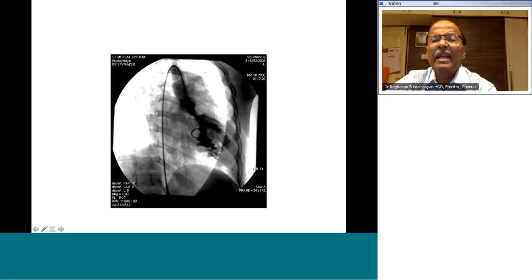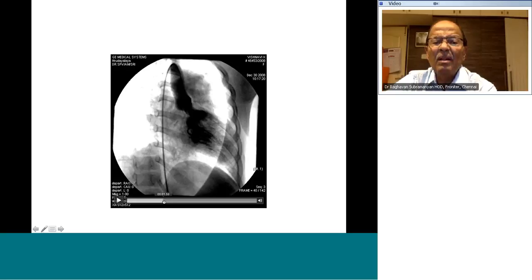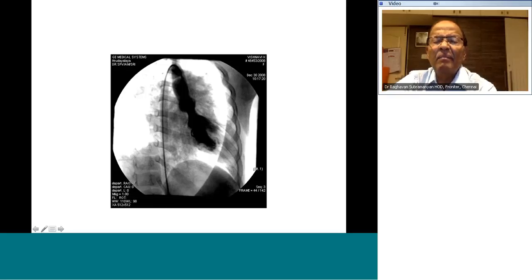Okay, this is the diastolic frame. Right? Everybody have a good look at the diastolic frame. Right? And now I'm going to show you the systolic frame. Okay, that's the systolic frame. Right? And now I'm going to run it.